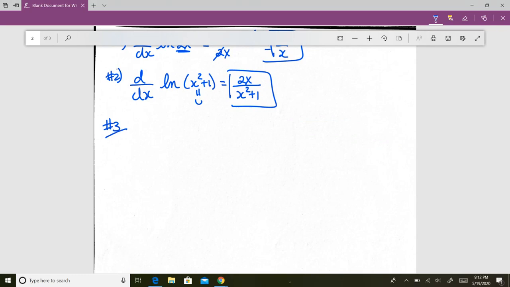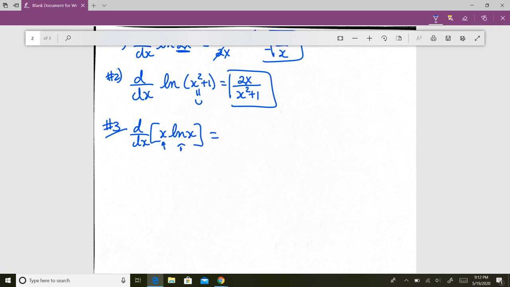Number 3. The derivative of x natural log of x. Okay. So hopefully you recognize this is going to be a, oh my gosh, not quotient, but product rule. Wow, sorry, that took me so long, because it's two functions being multiplied together. It's x and it's natural log of x.